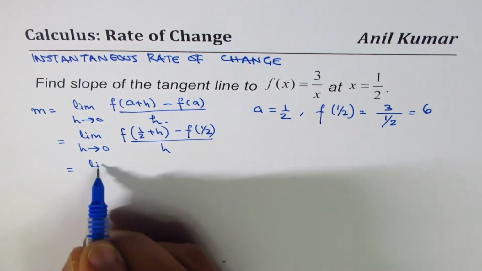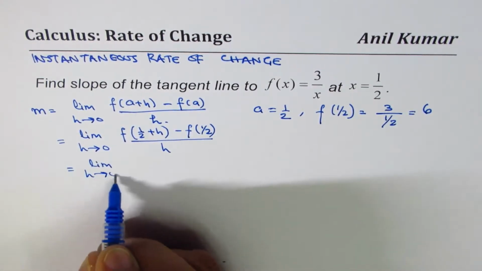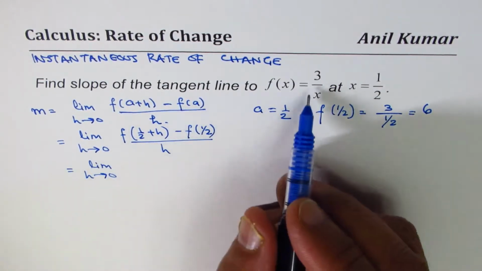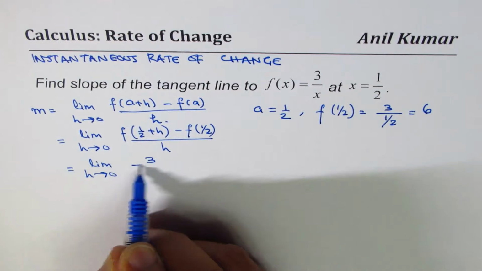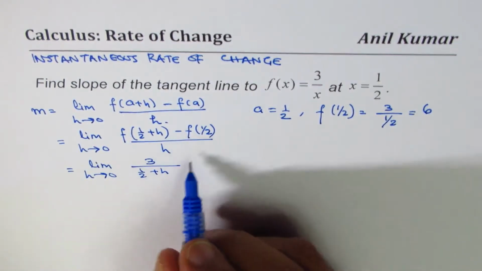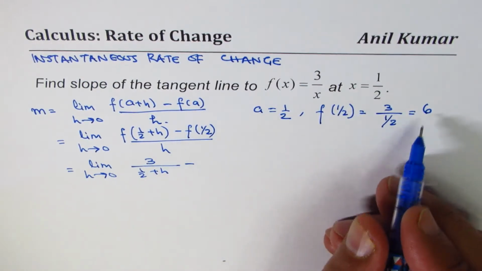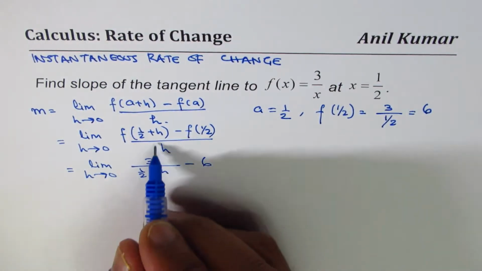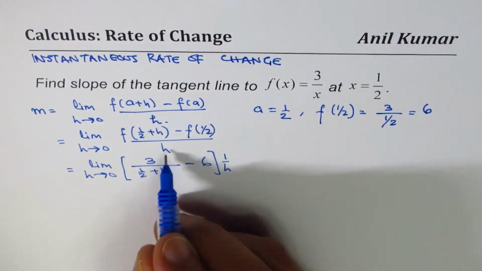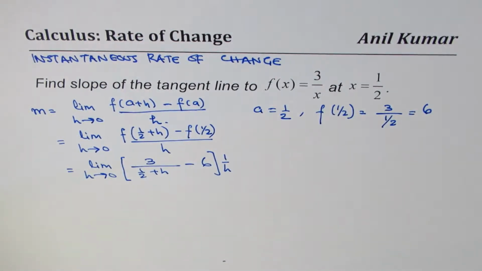Now, it is the limit as h approaches 0, replacing x with half plus h, right? So that gives us 3 over half plus h, minus f of half, which is 6, times 1 over h. Is it okay? Dividing by h.